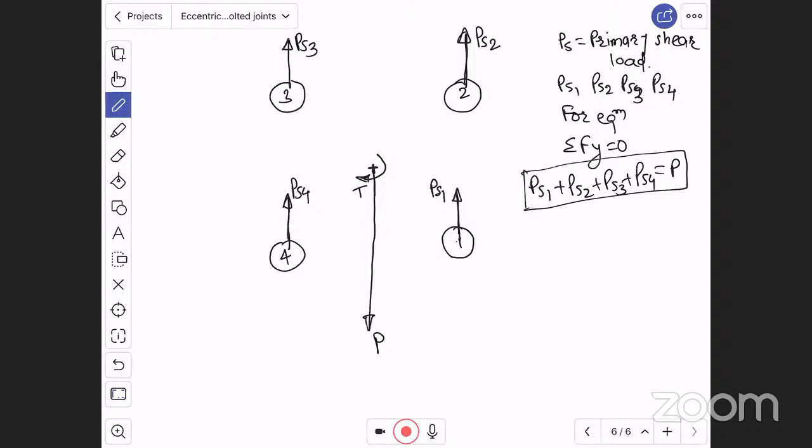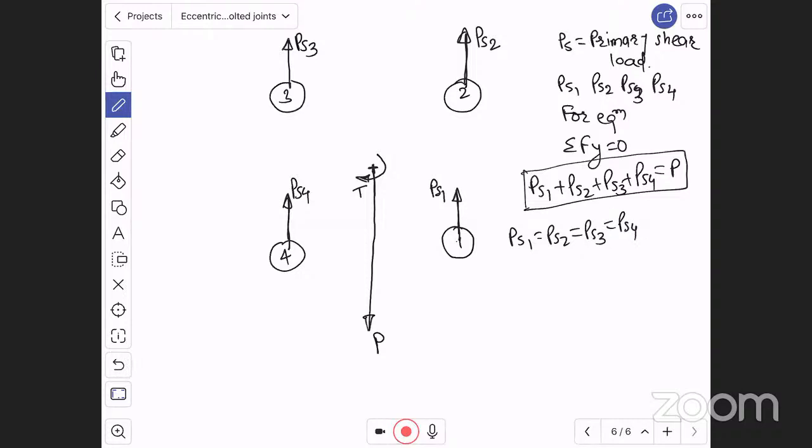PS1 plus PS2 plus PS3 plus PS4 is equal to P, right? And all the bolts are subjected to the same amount of primary shear load. This primary shear load P will be equally distributed in all the bolts. That means we can say PS1 is equal to PS2 is equal to PS3 is equal to PS4.